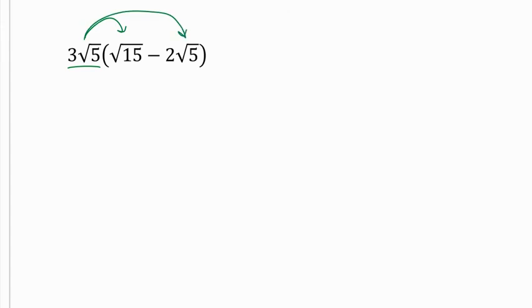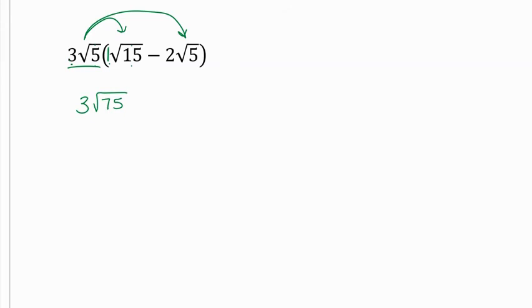So when we multiply radicals, remember you can multiply outside numbers and you can multiply inside numbers. So I'm going to put a 1 here so I know that that's there. So I'm going to distribute my 3 times 1. That would give us a 3 on the outside. Radical 5 times radical 15 would give us a radical 75.